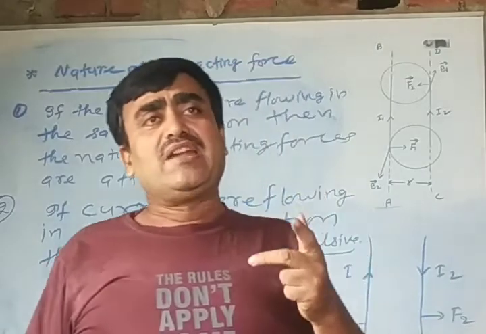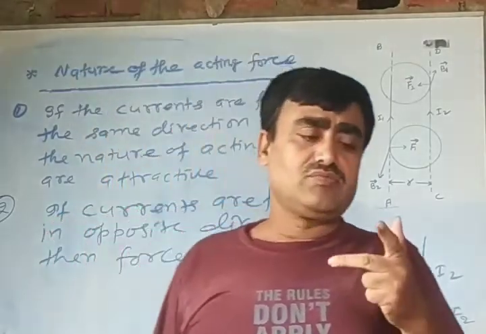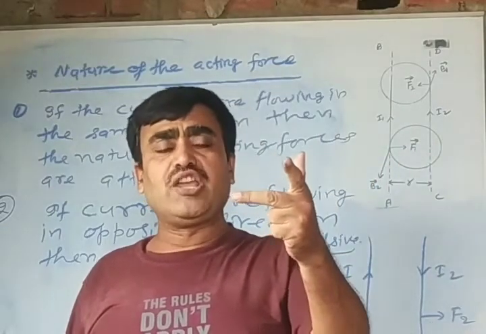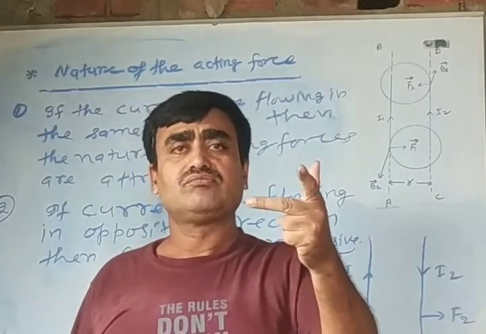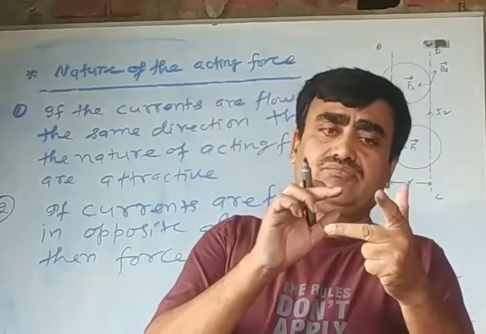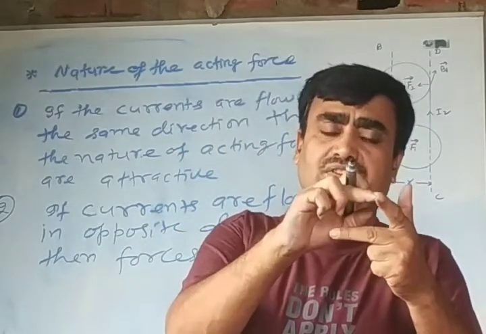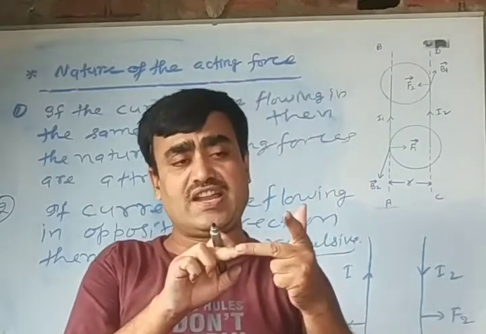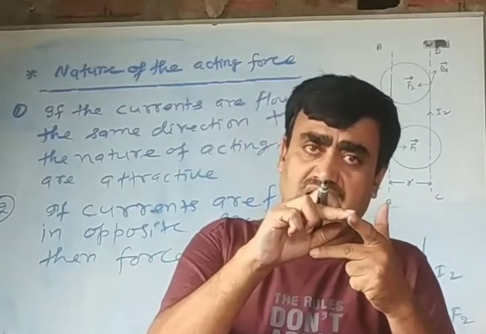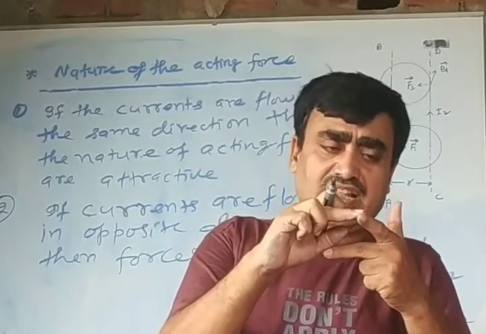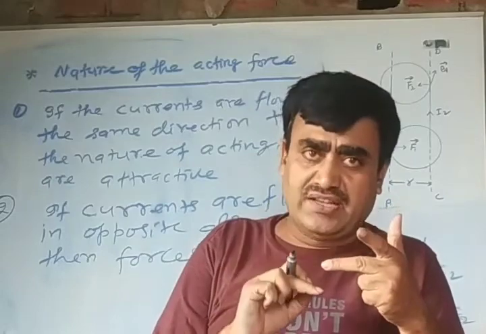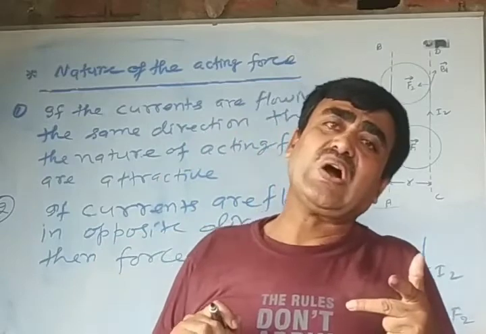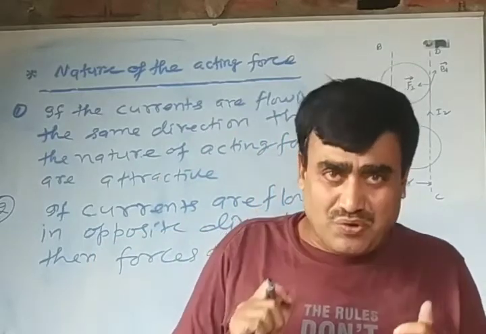Now I explain Fleming's left hand rule. Stretch your 3 fingers of left hand: central finger, forefinger and thumb. If central finger points the direction of flowing current, forefinger points the direction of the magnetic field, then thumb will point the direction of motion of the conductor or acting force.